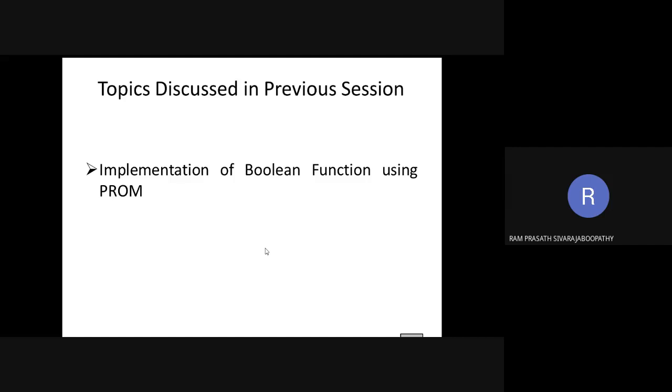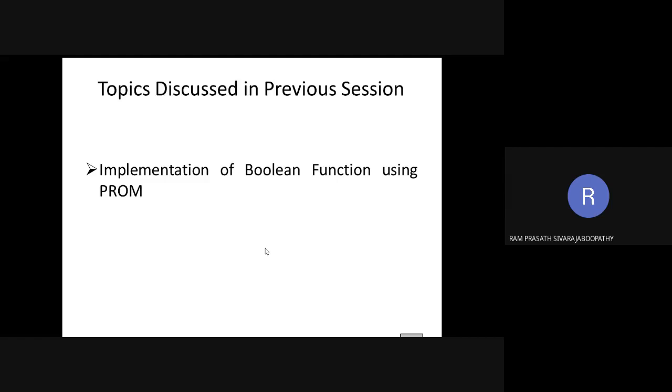We have told we will be having m number of outputs and n number of inputs, correct? So for 2 power n cross m, n is the number of inputs for the Boolean function or the system we are going to implement.